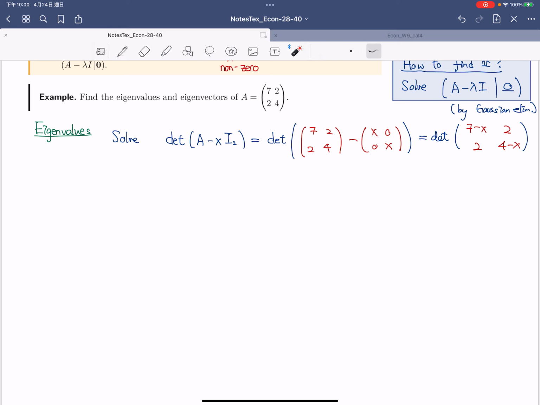And how do we compute this determinant? Well, AD minus BC. So we have 7 minus x times 4 minus x, and then minus 4. If you spell that out, okay, this would give you x squared minus 11x plus 24.